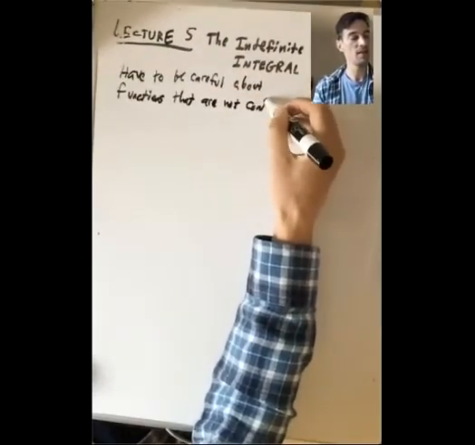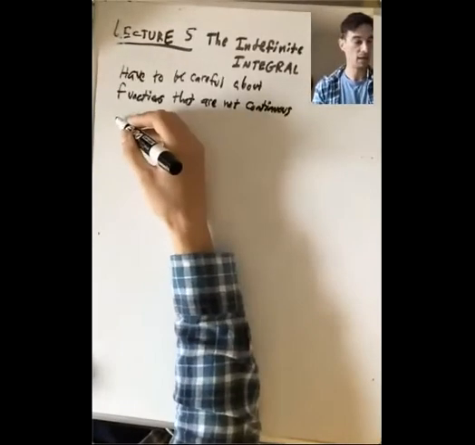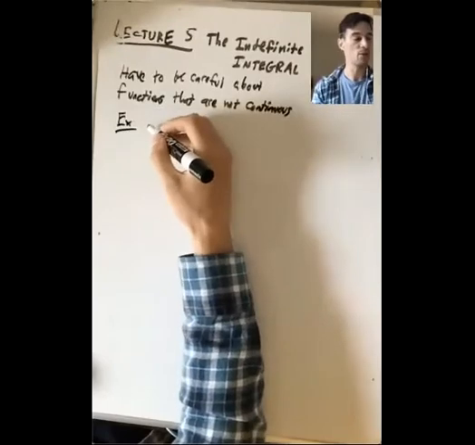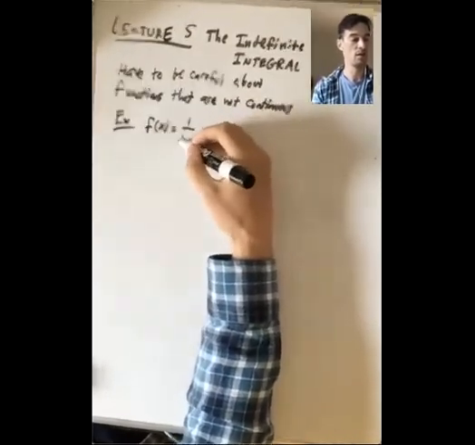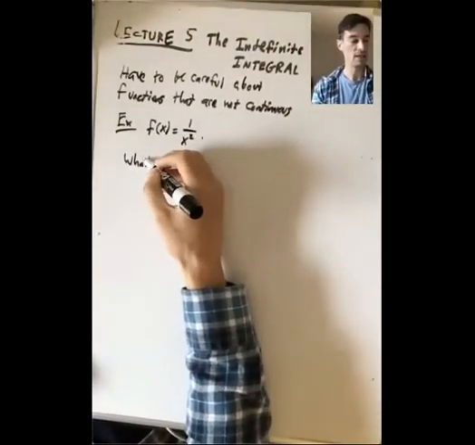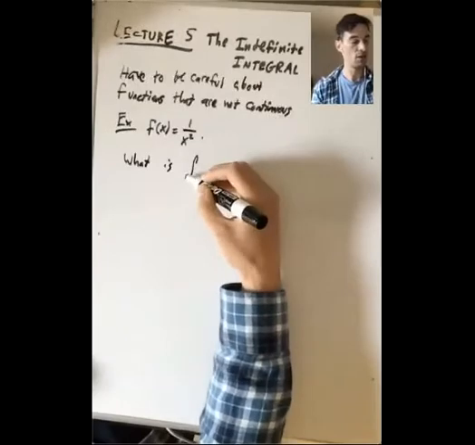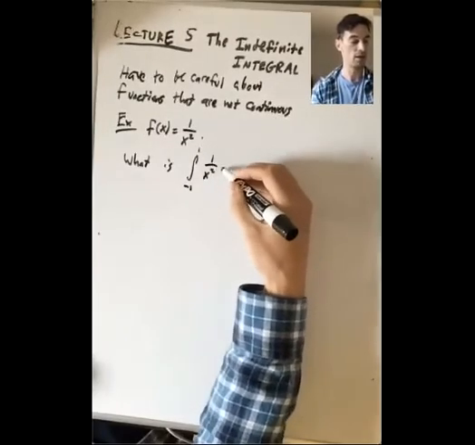Let's say that we're looking at little f of x equals 1 over x squared. And we're asked, what is the integral from -1 to 1 of 1 over x squared dx?